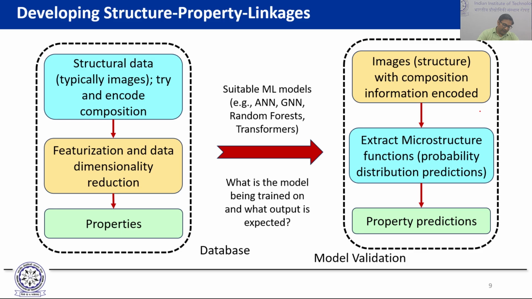Even when you are training and looking at your training data set, you will notice that the properties are essentially being linked with the featureization of the microstructure after you have done the data dimensionality reduction, and that is exactly the same thing we are doing. You take the microstructure input, do some dimensionality reduction, extract the features, and then using those features and your trained model, you go ahead and predict the property.